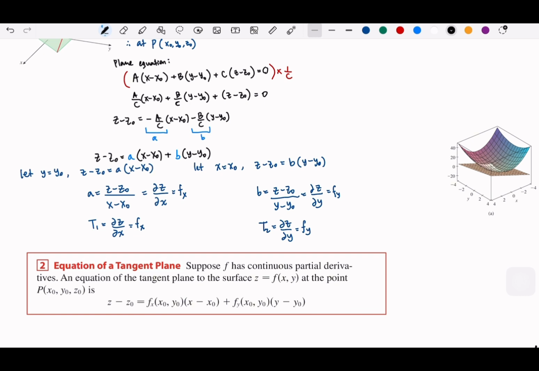Now, what we describe here, as long as we know that z is a function of two variables, then the difference in z will be equal to partial x times x minus x0 plus partial y times y minus y0. This partial x, partial y, of course, will be the slope of the tangent line.